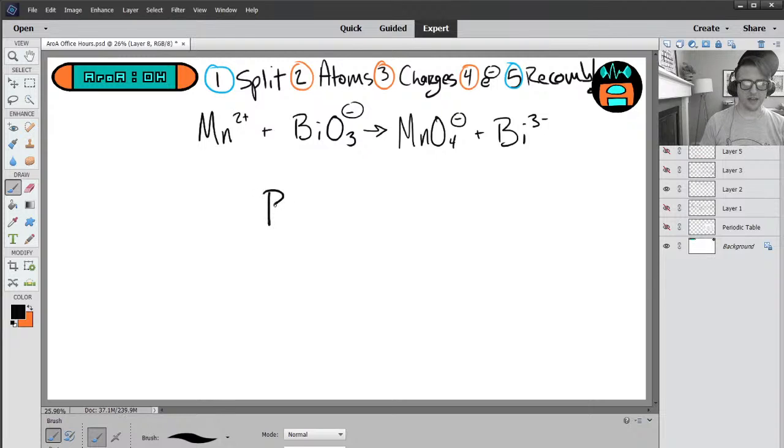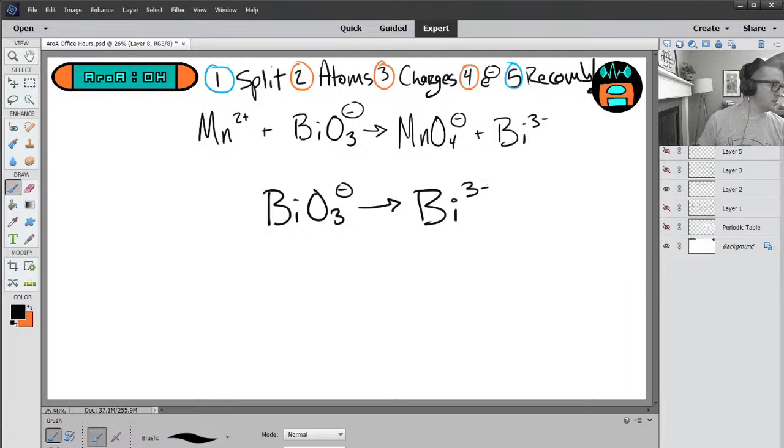So let's look at our bismuth half reaction here. So let's balance our bismuth. First, we got to start with our atoms. We have bismuth and oxygen.